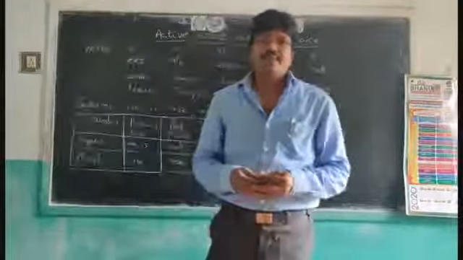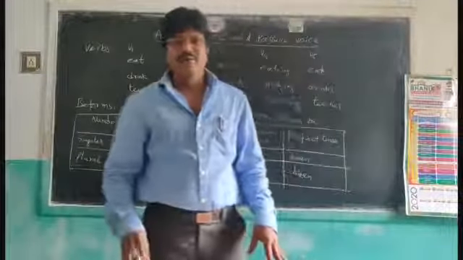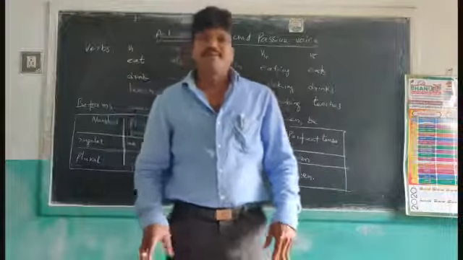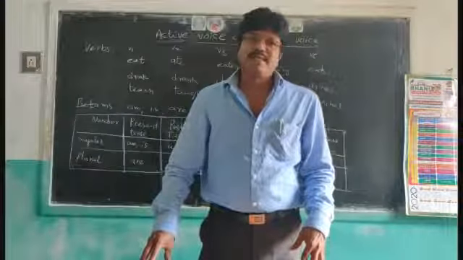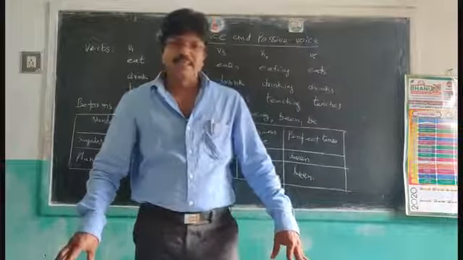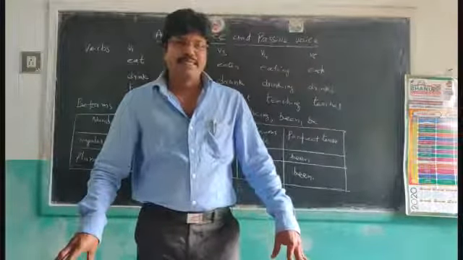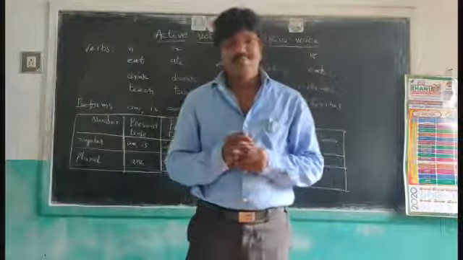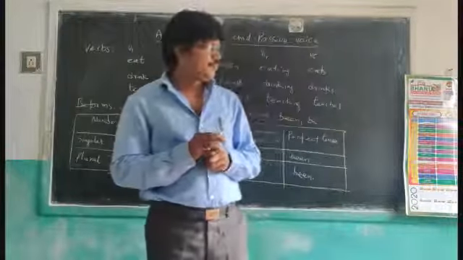Children, already in tenses you know there are 12 tenses. The main tenses are 3: present tense, past tense, future tense. Each main tense has 4 subtenses, total 12 tenses.